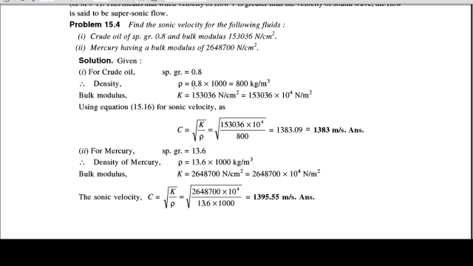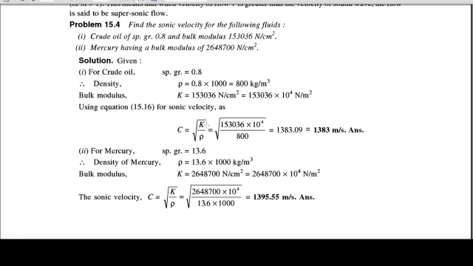Density of that crude oil is equal to 0.8 into 1000, so it becomes 800 kilogram per meter cube. Then the bulk modulus they have given in the example is 153036 Newton per centimeter square. Convert it into Newton per meter square.